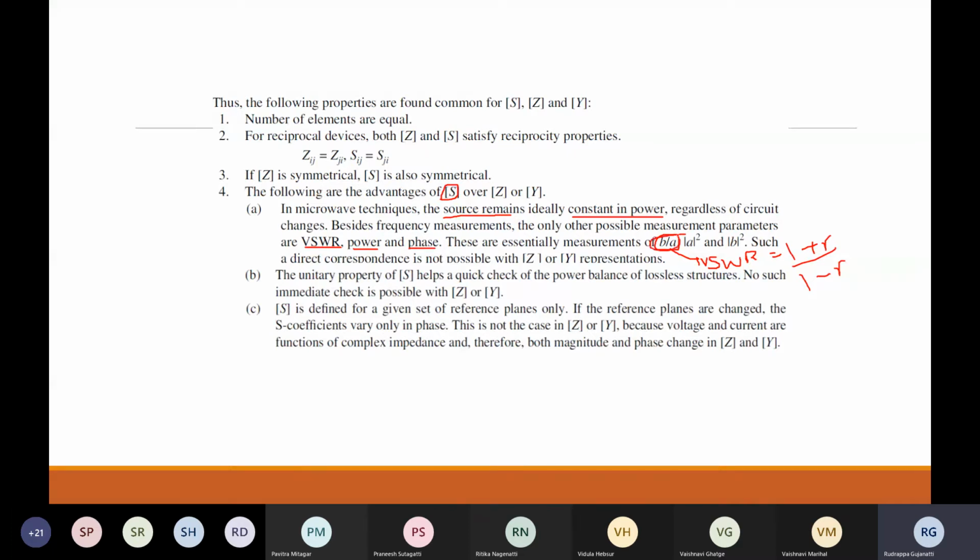If I have something like B1 by A1 or B2 by A2, these give you the reflection parameters, that is the diagonal elements in the S matrix. So if I get to know the reflection coefficient, I will be able to obtain the VSWR parameter, and other parameters I can obtain based on the transmission coefficient values.